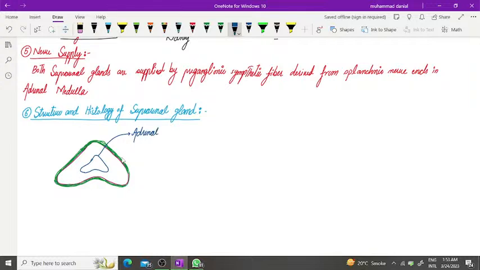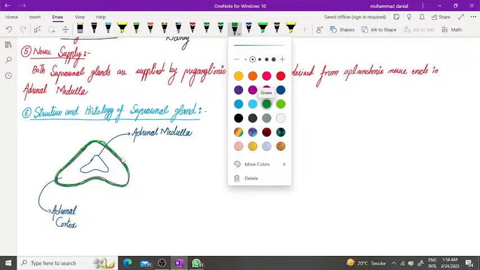Okay. And this adrenal cortex is further categorized into three layers, as I will be drawing these three layers.